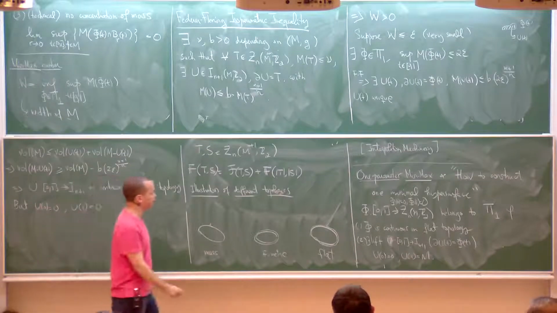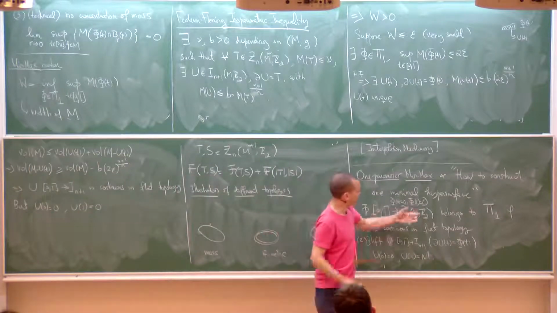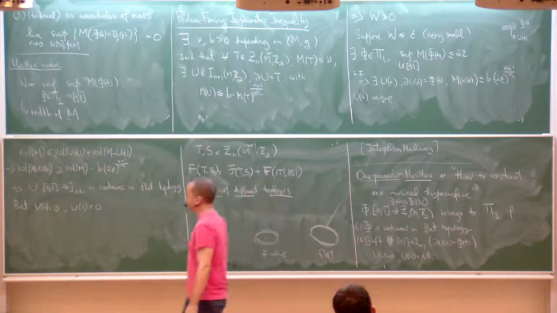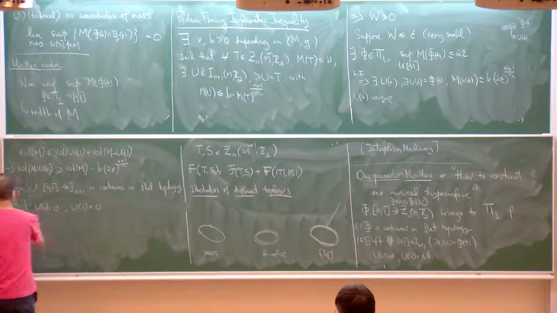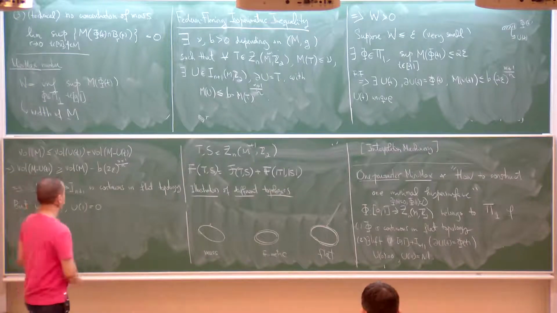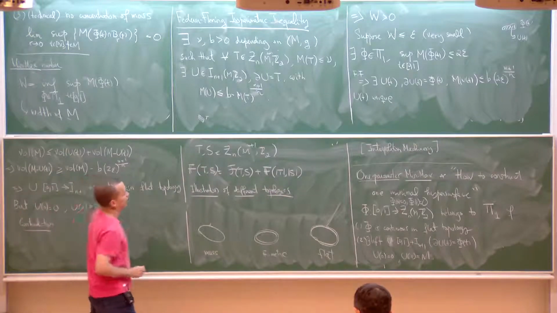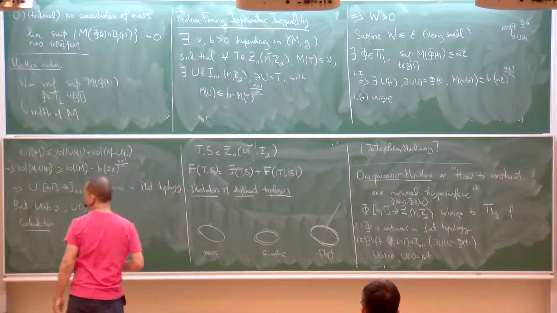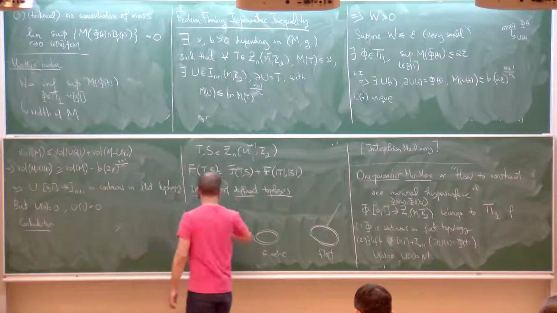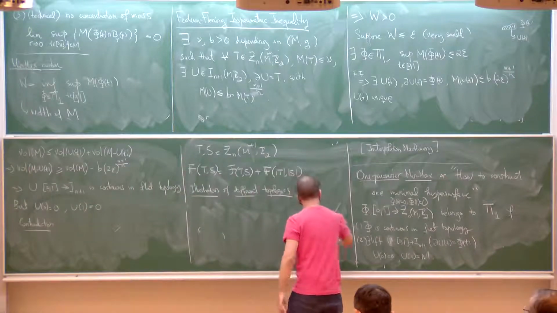Because phi of 1 is 0, therefore by uniqueness, U of 1 has to be 0 also. So this is a contradiction, because I found a lift that is closed, so it cannot be. So this proves that W is positive. Okay, so this is good.